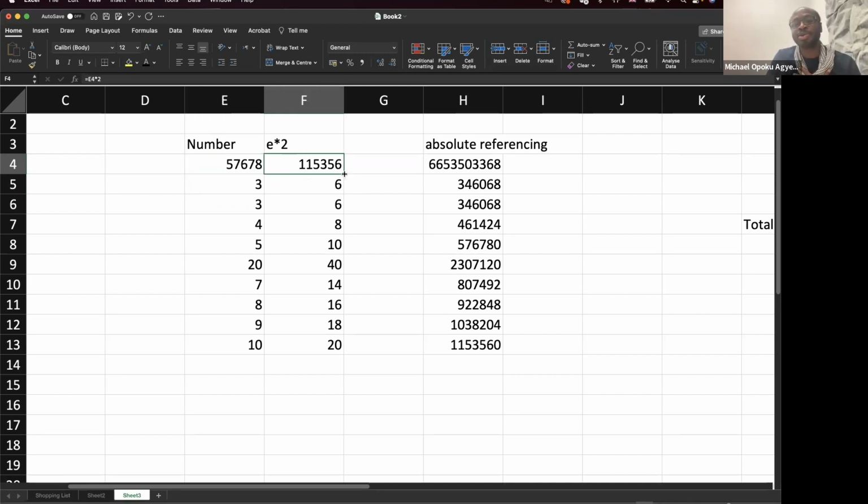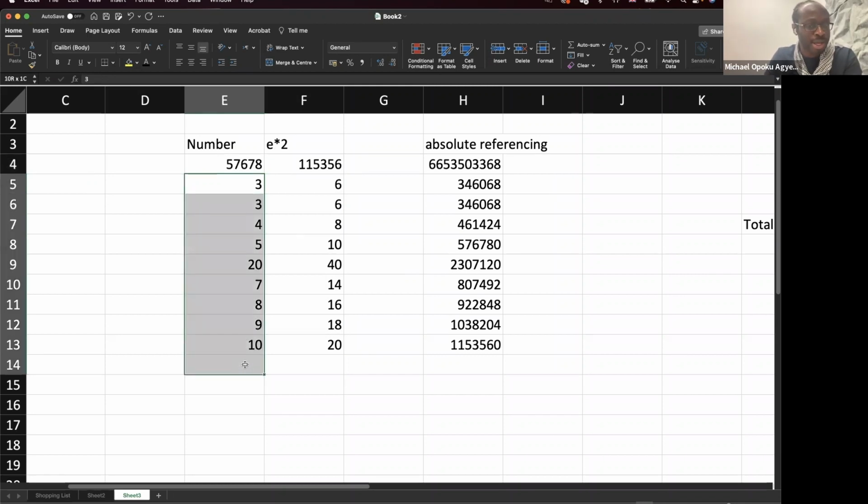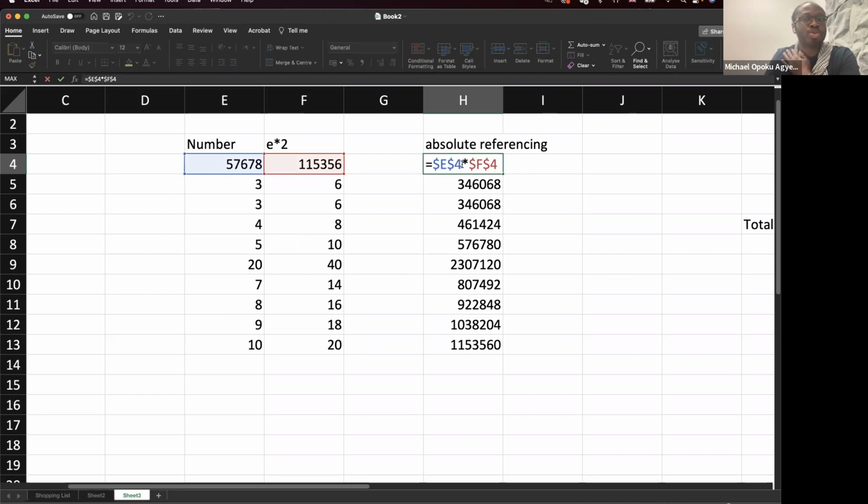So when I was writing my equation, my impression was that if this value gets updated and I change it throughout, everything is going to change. It didn't happen. But my intention is that the equation should be a function of only this cell. I don't care about the others. That is when we use absolute referencing, because we want the equation to make use of only one cell and not update as a reference.